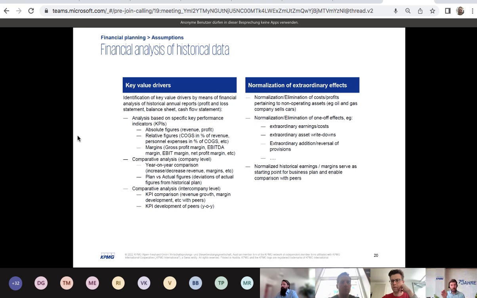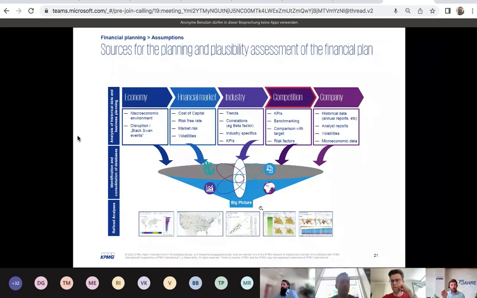And what's important here is really to always have the big picture in mind. So we told you a lot about different sources you could use, different analyses, and so on. But you will really acquire a lot of data, and in the end, it's just important to look at the big picture and maybe take a step back and focus really on the most important things.